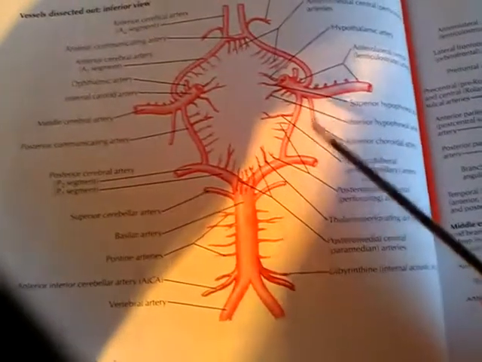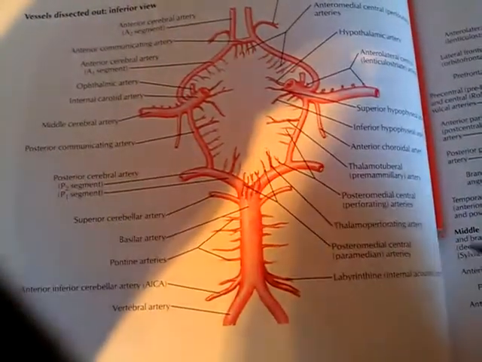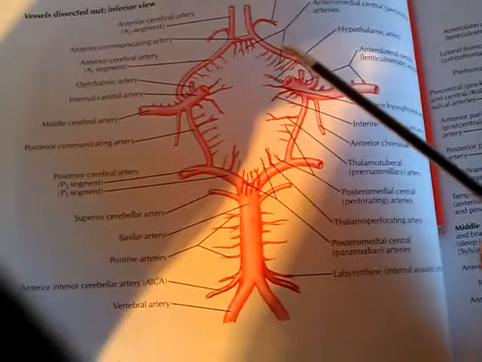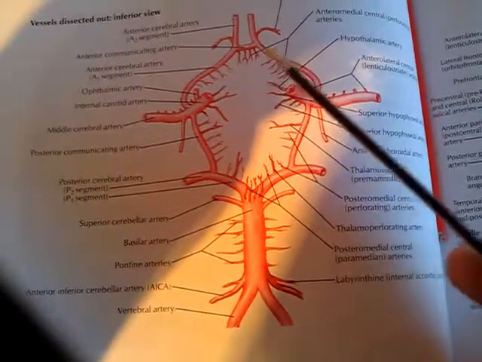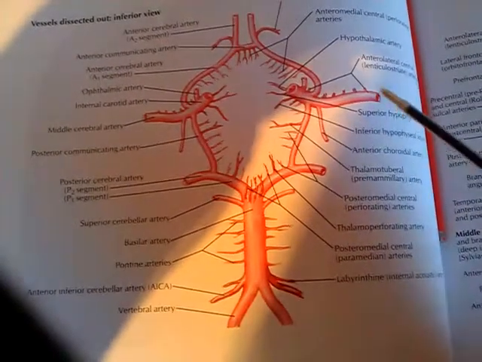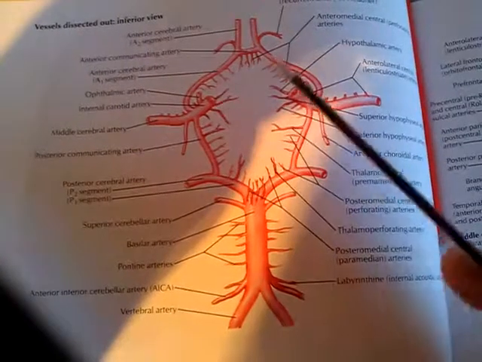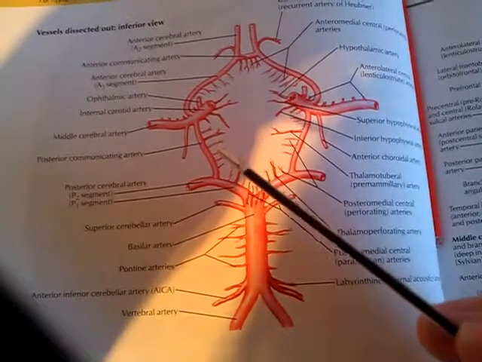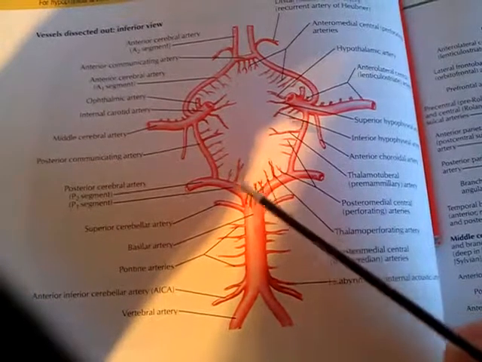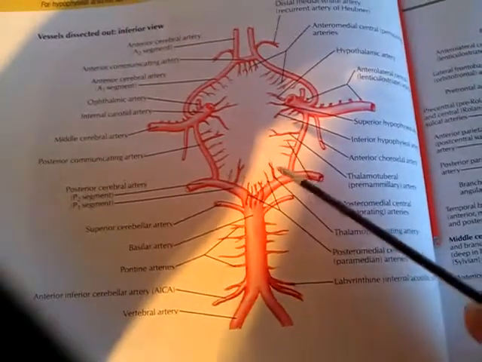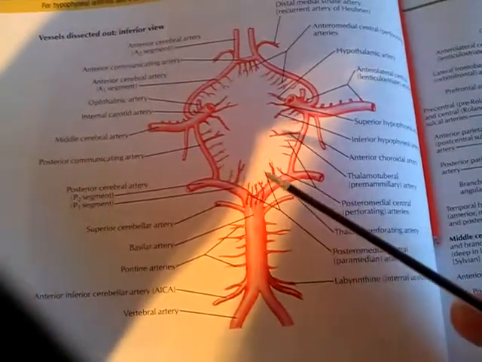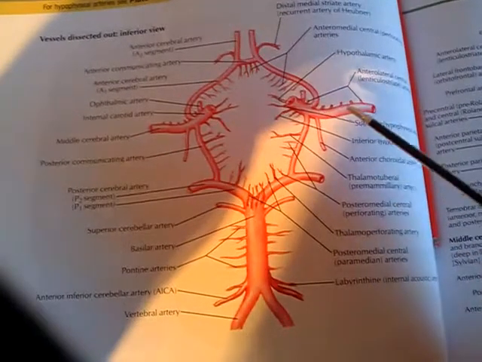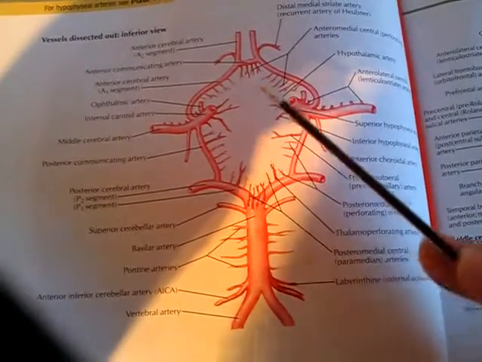And these basal branches are divided into 4 groups: anterolateral, anteromedial, posterolateral, and posteromedial.